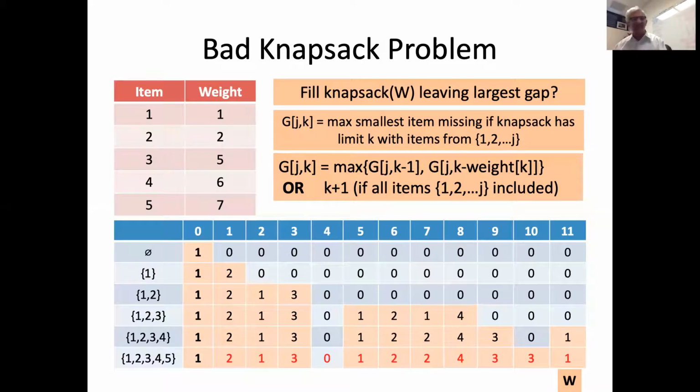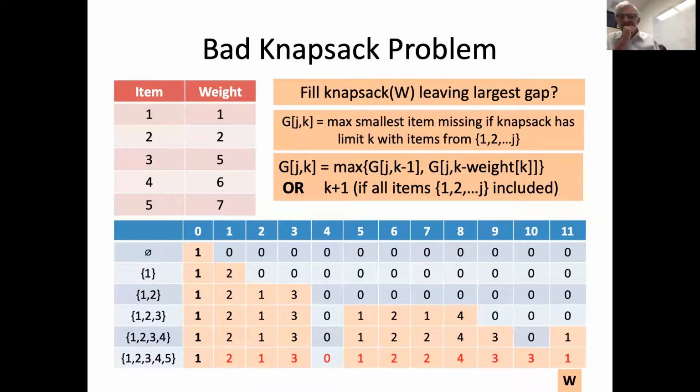Did that make sense? The reason 5 to 1 is a better answer than 6 to is because the lowest numbered item you're missing in 5 to 1 is the 4th item, whereas in 6 to it's the first item. So that's why the table was filled with those.